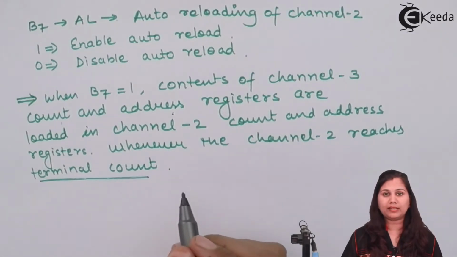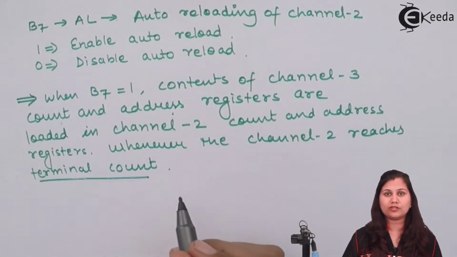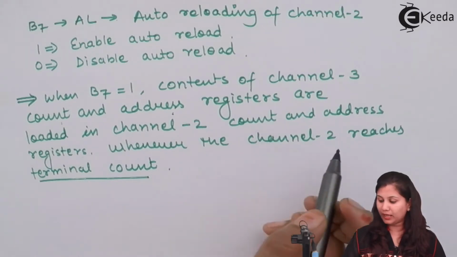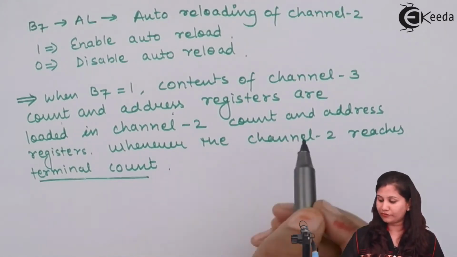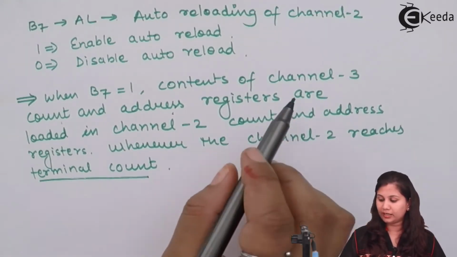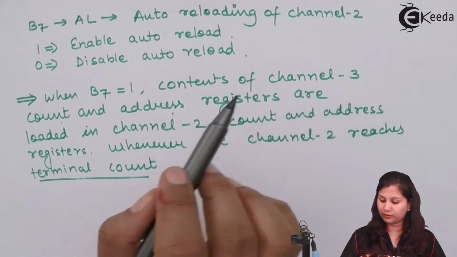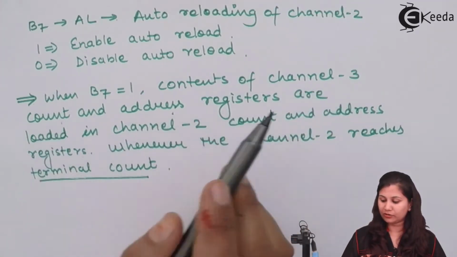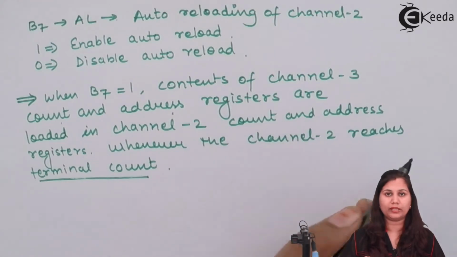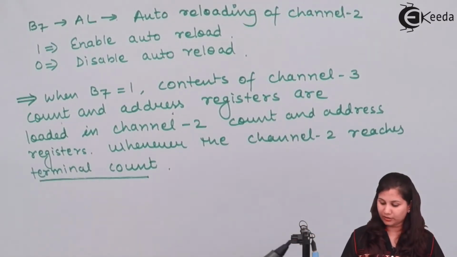Terminal count means that the count value has reached 0. So when the count of channel 2 has become 0, the contents of channel 3 count and address registers are loaded in the channel 2 count and address registers.